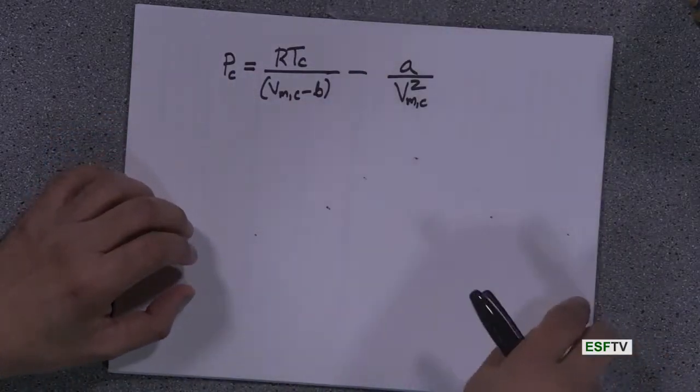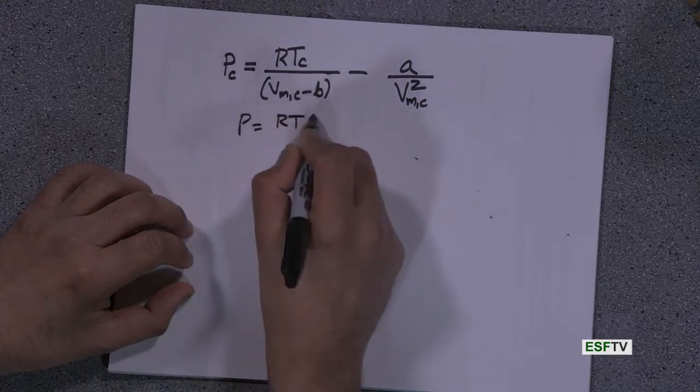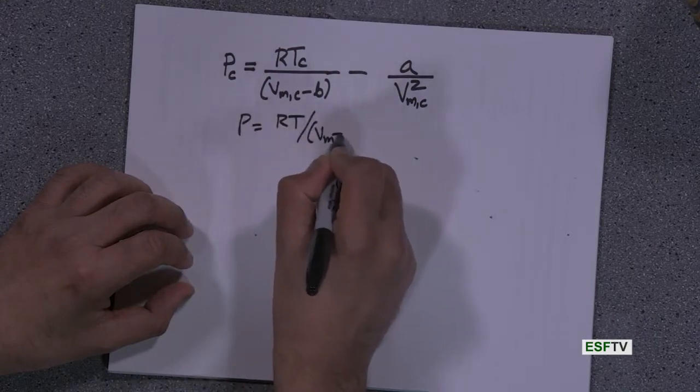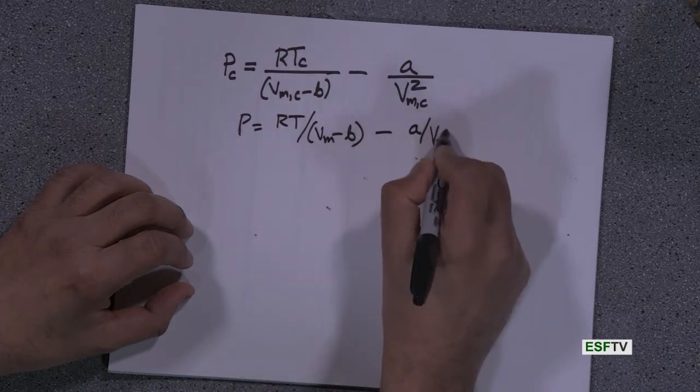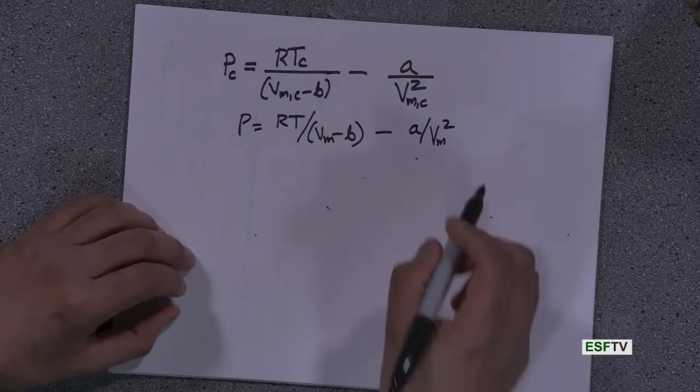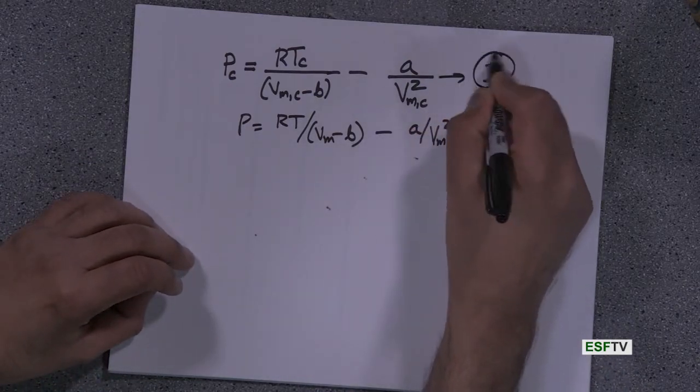Okay, so let's write the equation of state down again. Pressure equals RT divided by V molar minus b, minus a divided by V molar squared. I will call that equation number 1.